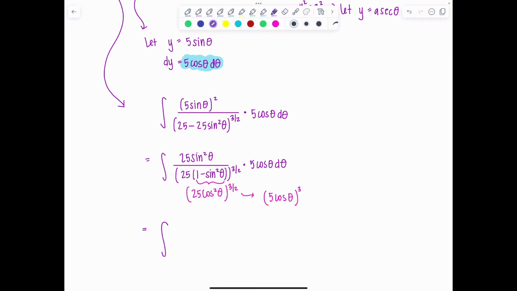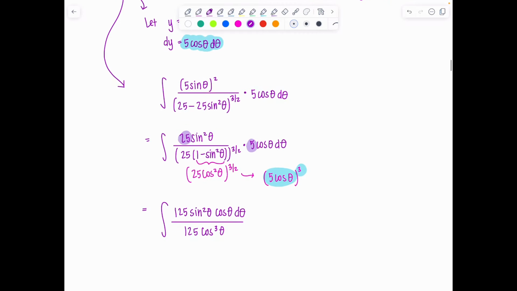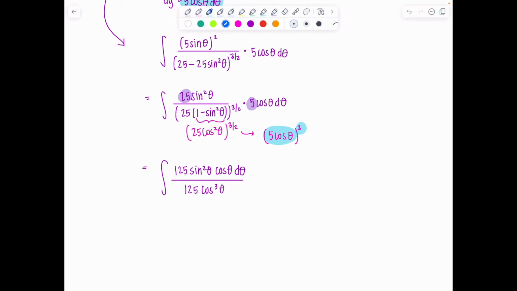Be careful, 25 times 5 in the numerator, so that's 125 sine squared theta cosine theta d theta over, and then now I have (5 cosine theta) cubed. Well, 5 cubed is going to be 125. And then cosine theta cubed, I can just write it like so. Oh, well, this is very lovely because notice the constants cancel out.